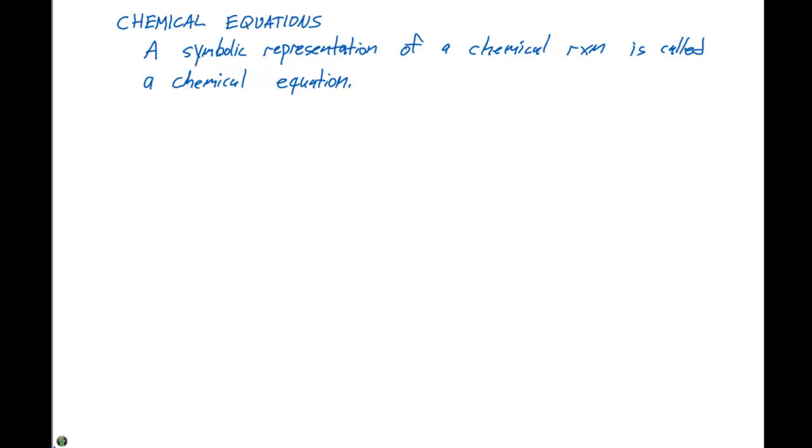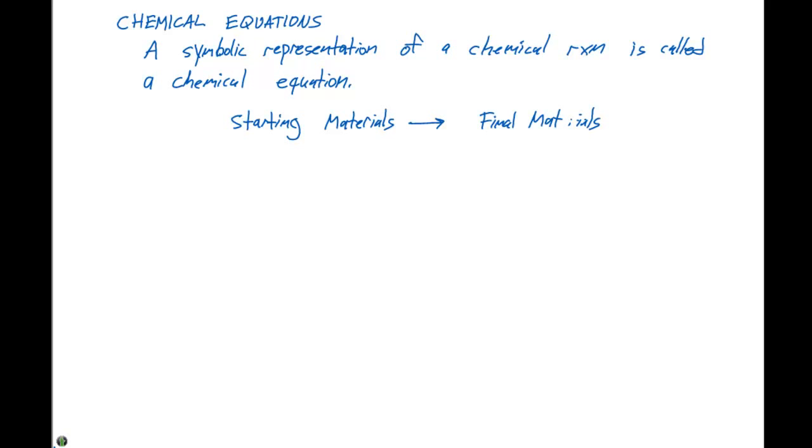And in these chemical equations, we typically represent the starting materials over on the left-hand side. We give a little arrow and have the final materials over on the right-hand side. So we're mixing two or more things together, and that's going to give us some type of other products.